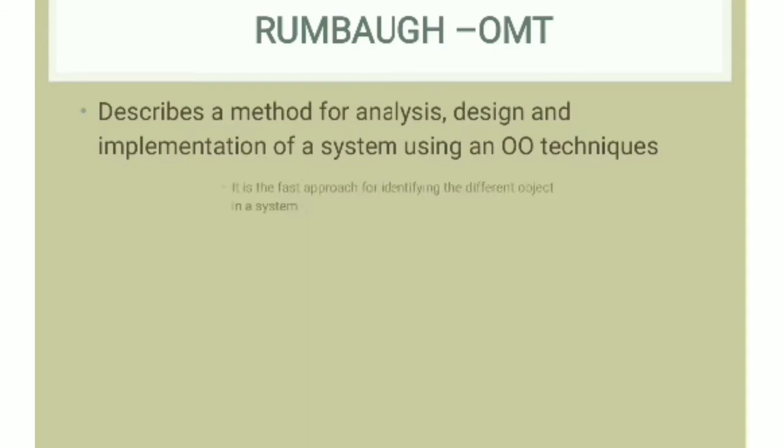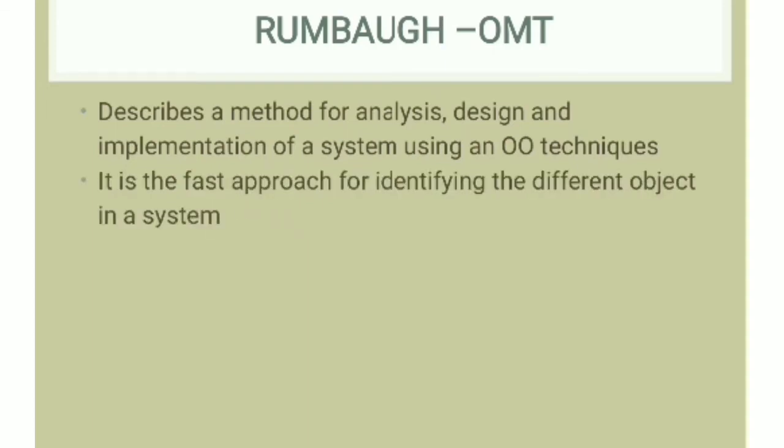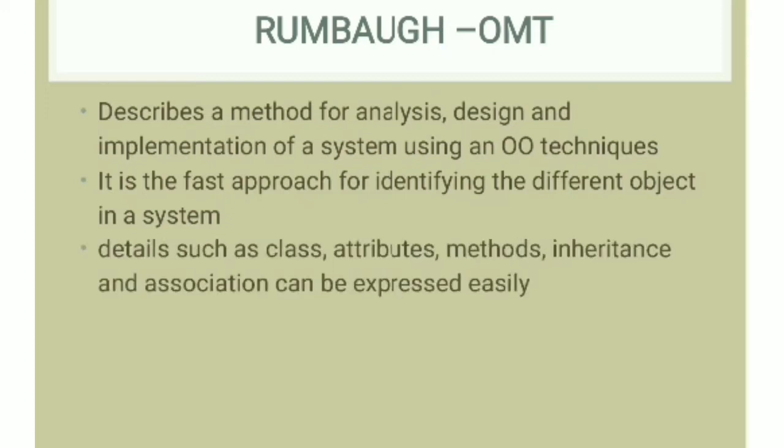Details like class diagrams, classes, attributes, methods, inheritance, etc. can be expressed easily by using the OMT method. It is a fast approach for identifying the different objects in a system. It is used to express the attributes, methods, and association.